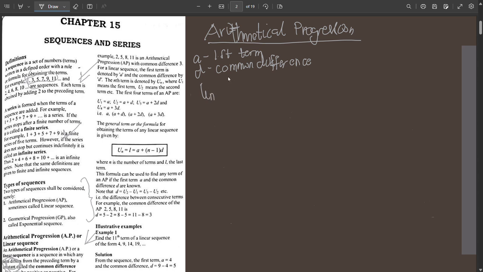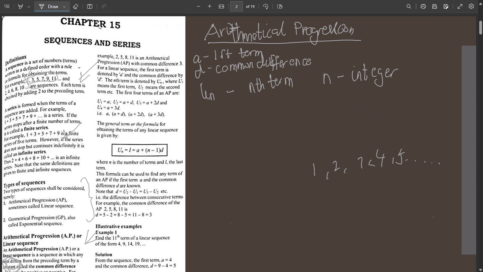What we mean by nth term is that n stands for any integer: 1, 2, 3, 4, 5, and it doesn't end, so it's infinite. So dot dot dot like that.